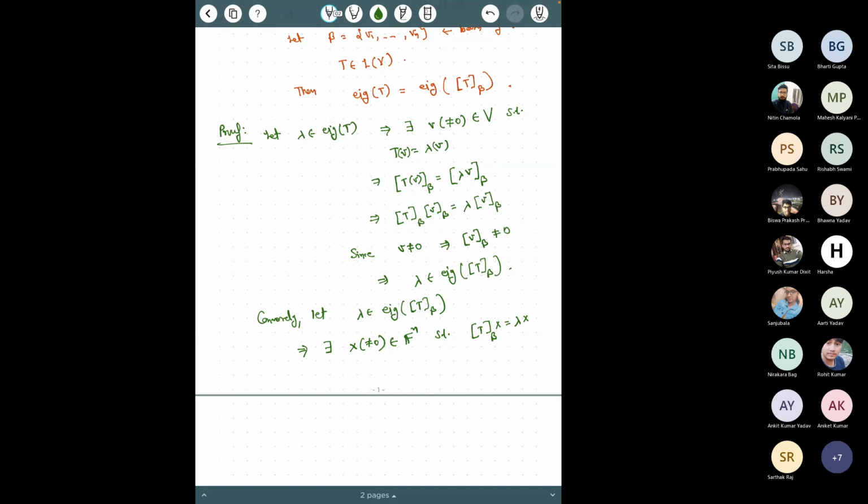Now we have to use this information, and using this we have to make lambda an eigenvalue of T. That means we need to produce a vector v in the vector space capital V such that T of v is equal to lambda times v. That is what we need to do. Now how can we do that?